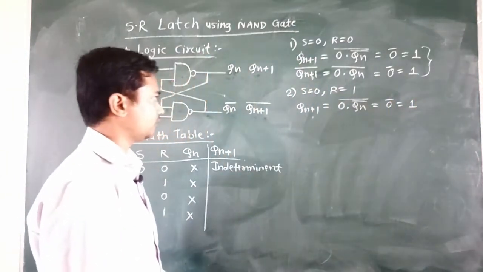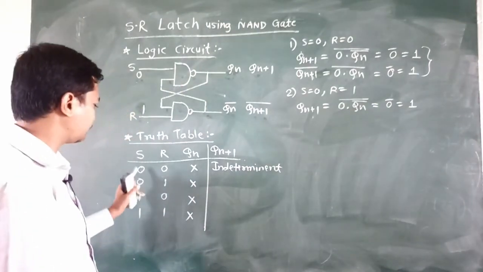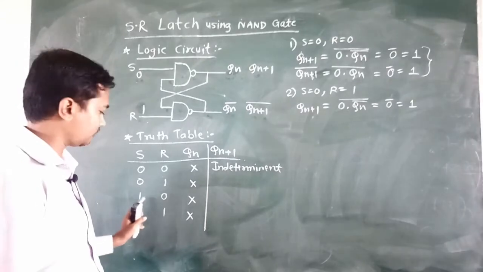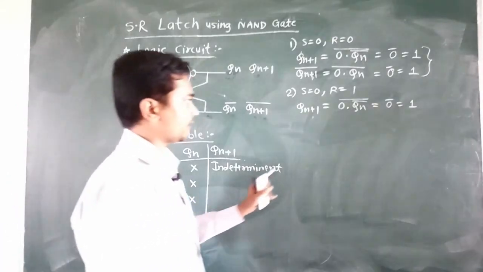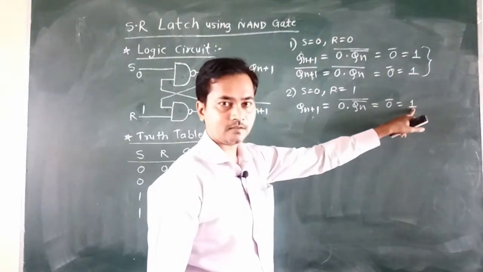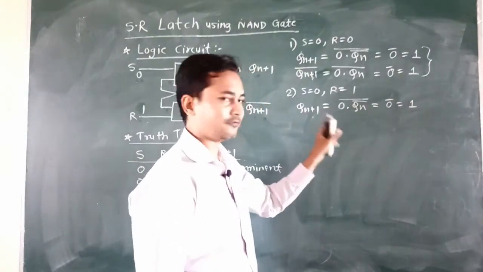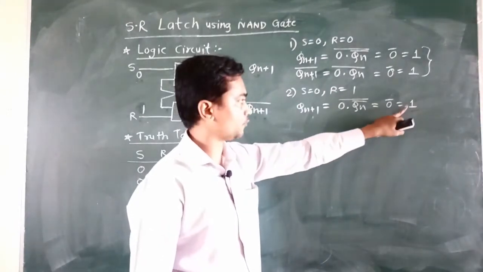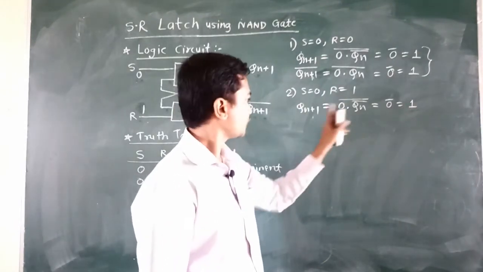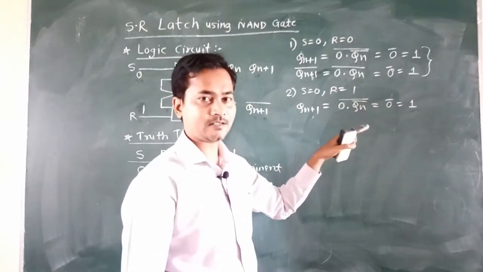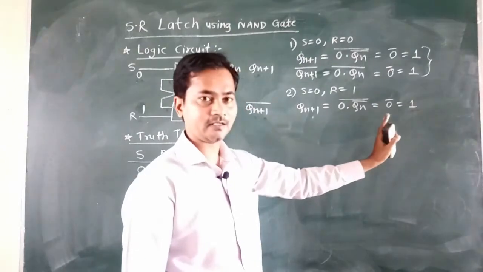Now here you can say that if the inputs are different values, 0 1 or 1 0, and Qn plus 1 equals 1, then obviously Qn plus 1 whole bar should be the complementary of this output, that is 0. So if you are interested, you can recalculate it again.